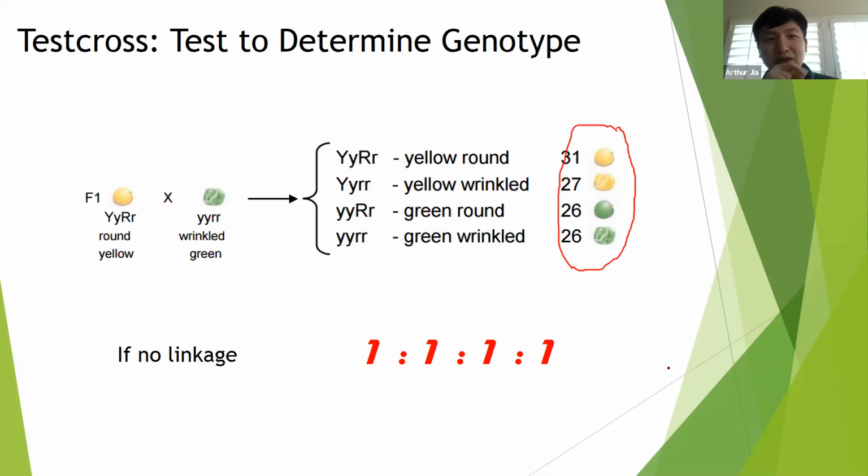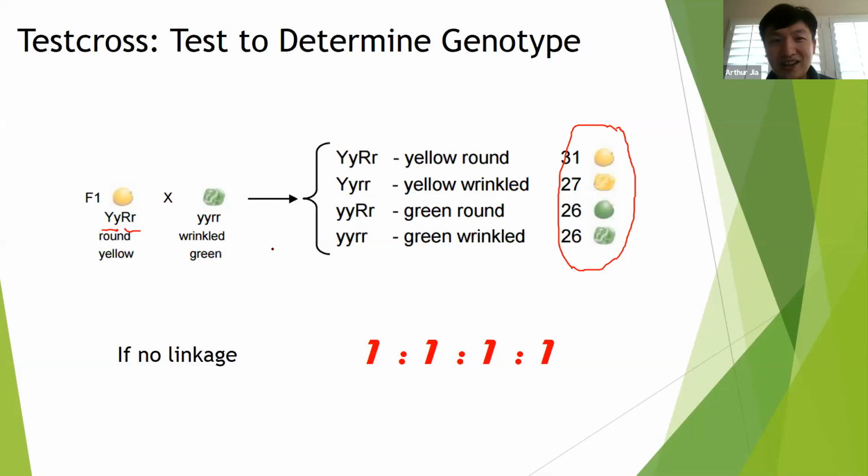All right. So if these two genes are not linked, one gene is controlling the seed color and the other gene is controlling the seed shape. So these two genes are on two different chromosomes. They are not linked.